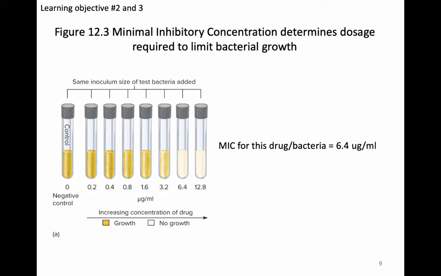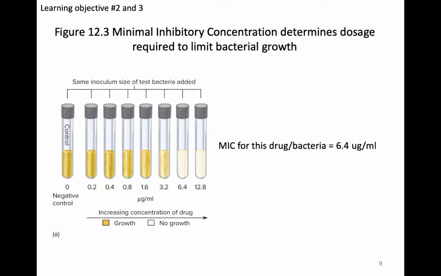Okay, so a minimum inhibitory concentration test is shown in this slide. So we have several test tubes which are filled with a liquid media. So this is a liquid that has all essential nutrients and requirements for microbial growth. The media is going to also contain varying amounts of a particular antimicrobial drug and will contain a particular microbe.